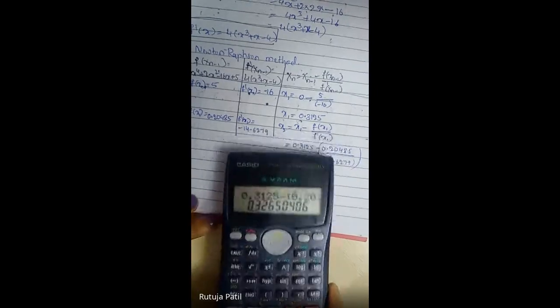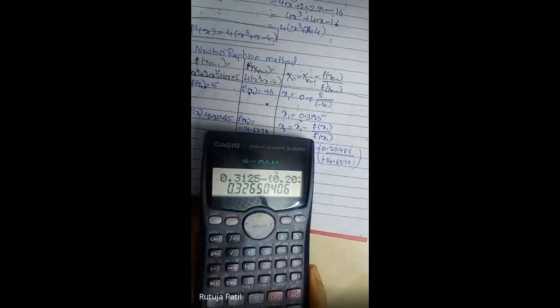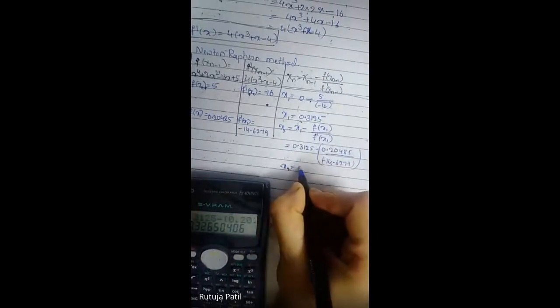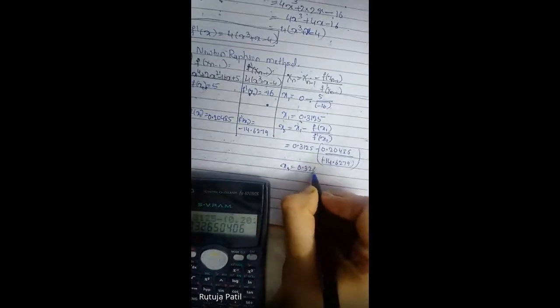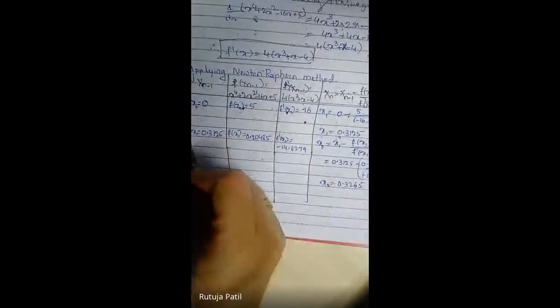So what is the value of next value of x, that is x2? 0.3265. So x2 how much we got? 0.3265. Now we have to calculate this until we get the 4 decimal digits as same.